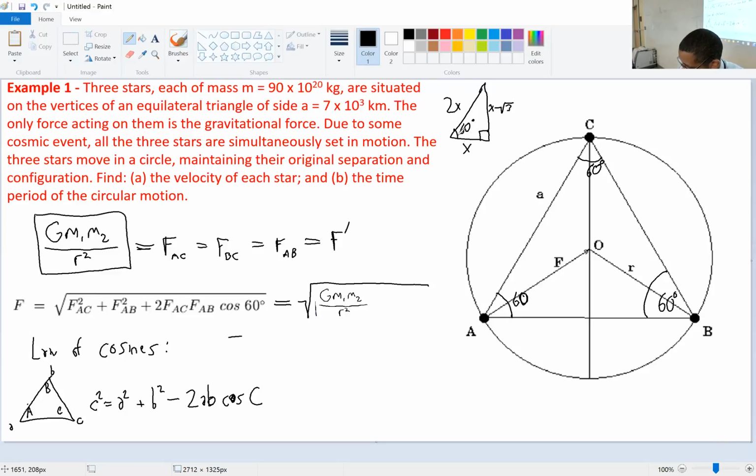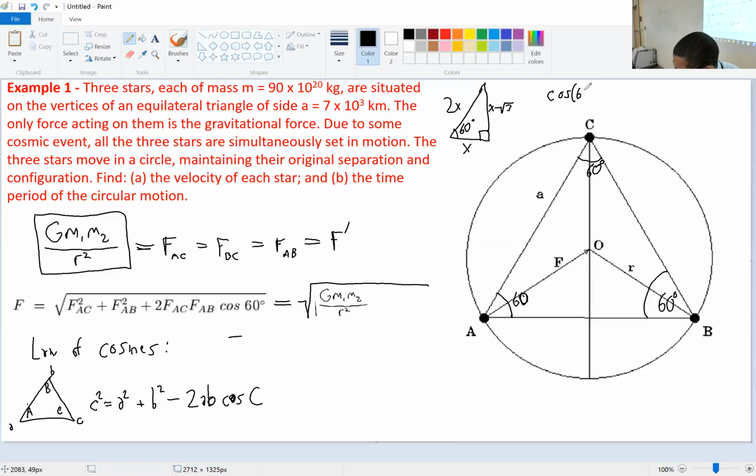And so, let's see, cosine of 60 is actually going to be, let me see what I get wrong here. Okay, it's 1/2. I'm sorry.